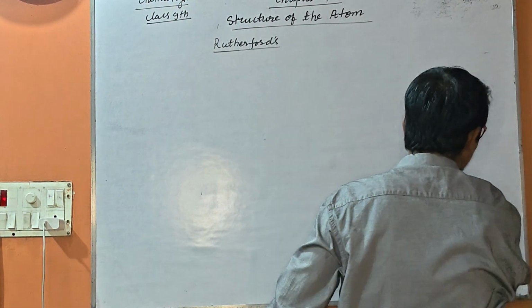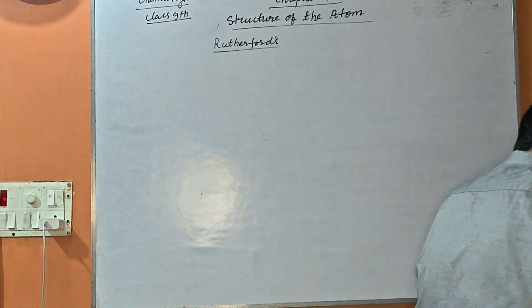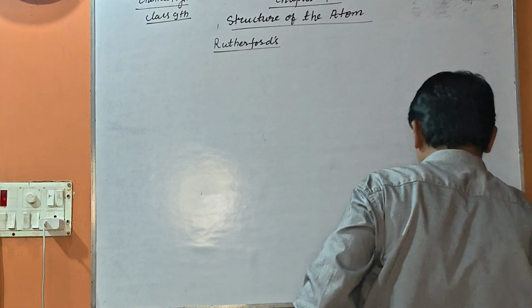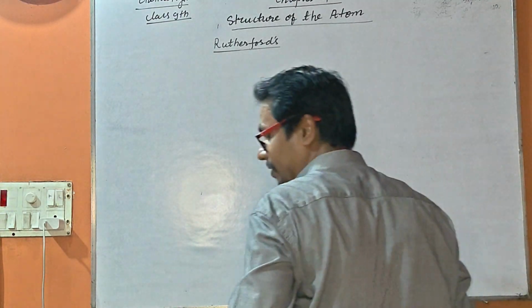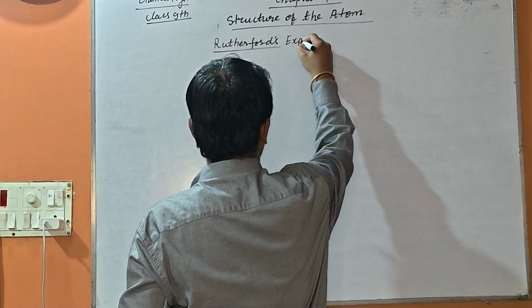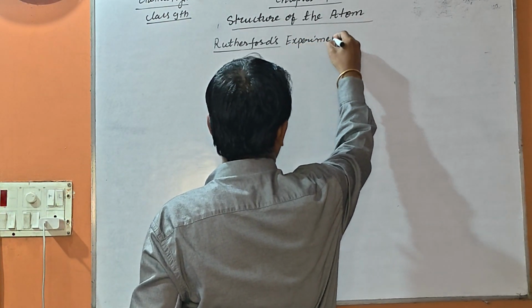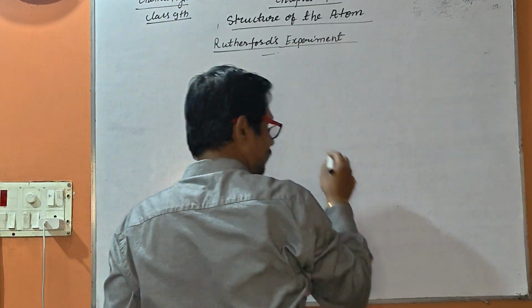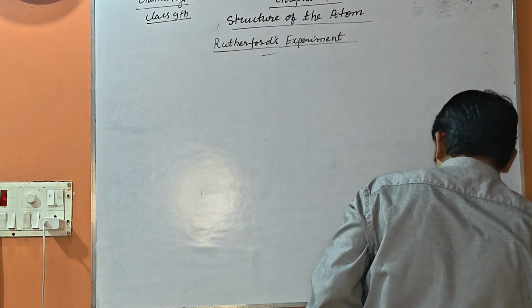We can explain it briefly and also in an explanatory way. So the next part is Rutherford's experiment, how Rutherford experimented with alpha particle radiation.